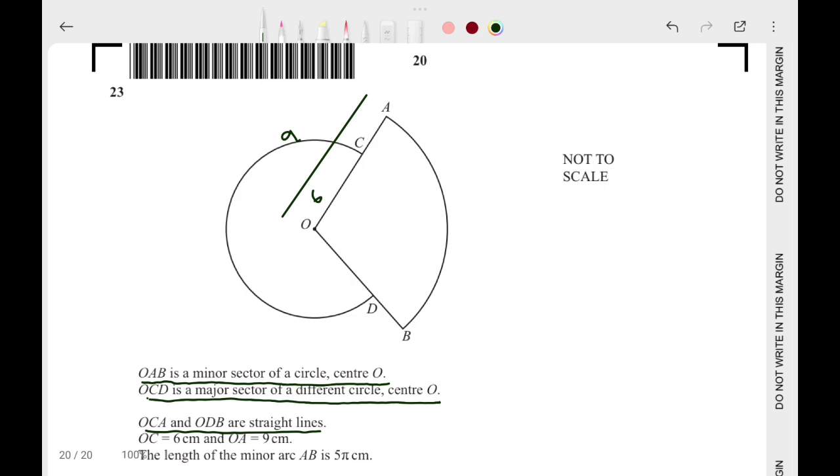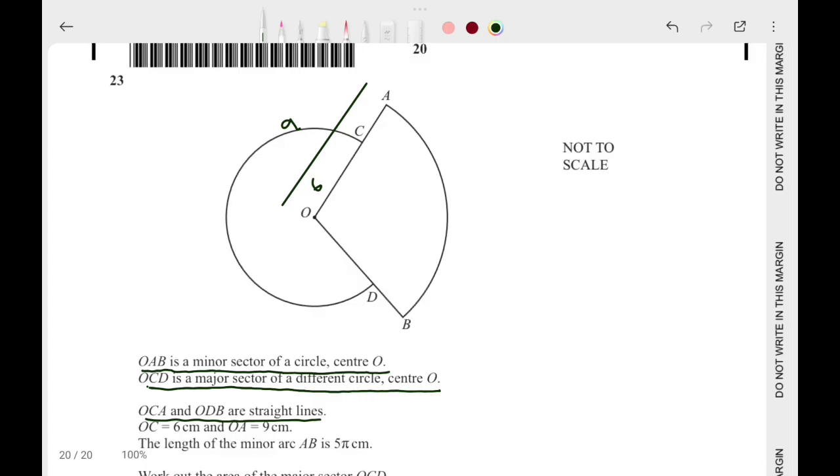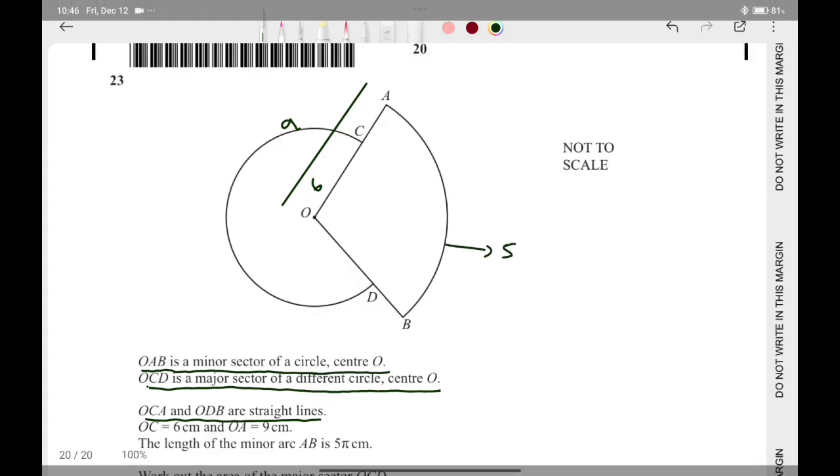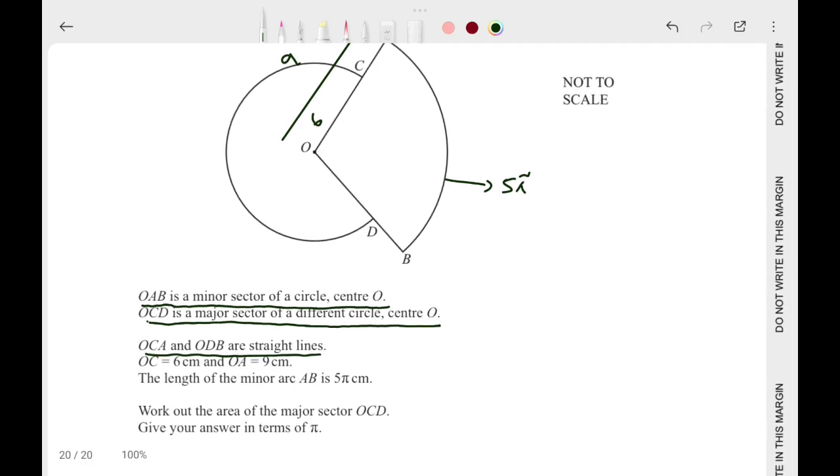So the length of minor arc AB is 5 pi. Work out the area of the major sector OCD. So we have to find out the area of major sector, that is OCD, and we have to give our answer in terms of pi.